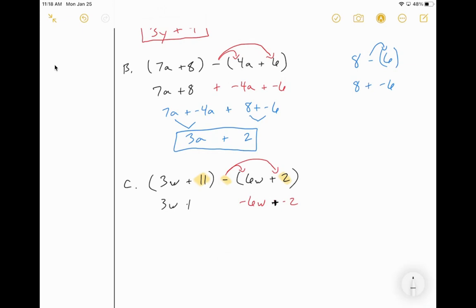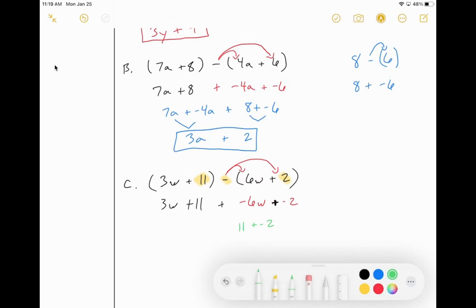So 3w plus 11. Okay. All right. So again, what you're looking at is this. You're really looking at 11 minus 2. We see that, right? Or plus negative 2. And on the other side, you're looking at 3w minus 6w.